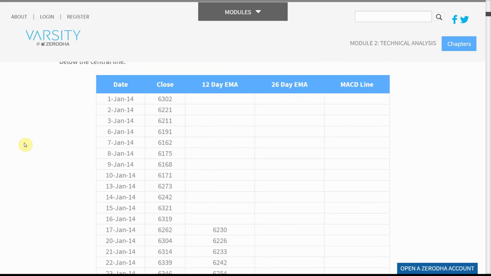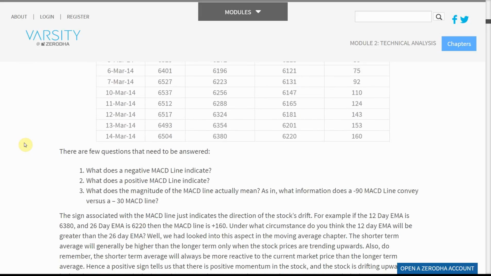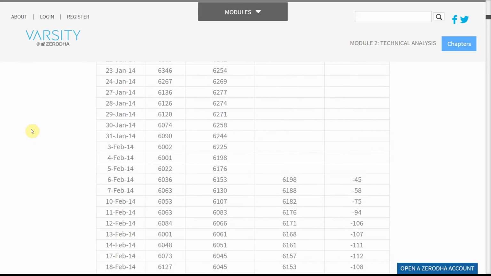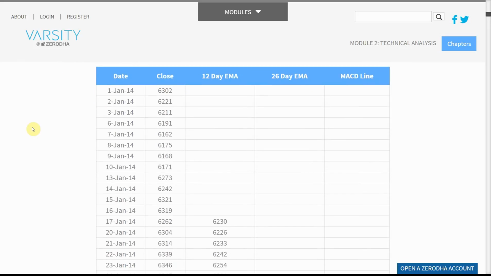Date closed 12-day EMA, 26-day EMA MACD line. The 1st of January 14, 6302. The 2nd of January 14, 6221. The 3rd of January 14, 6211. The 6th of January 14, 6191. The 7th of January 14, 6162. The 8th of January 14, 6175. The 9th of January 14, 6168.